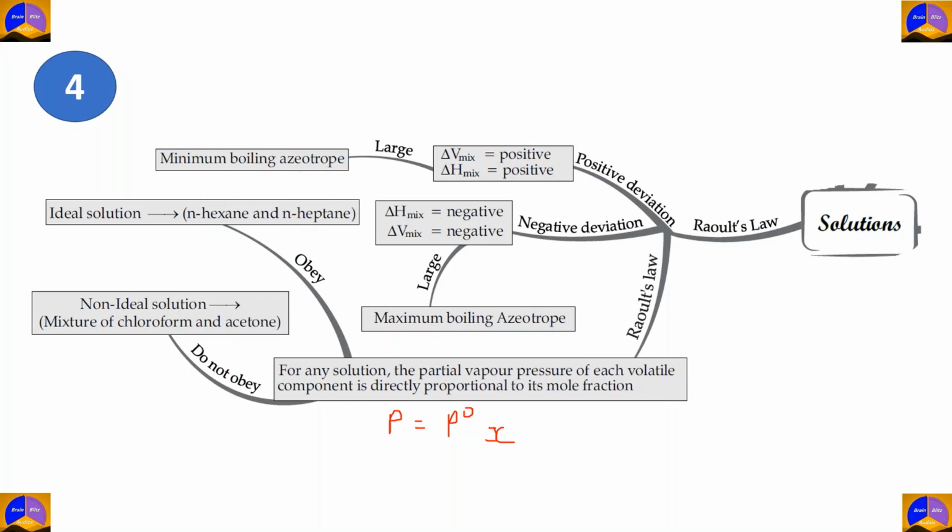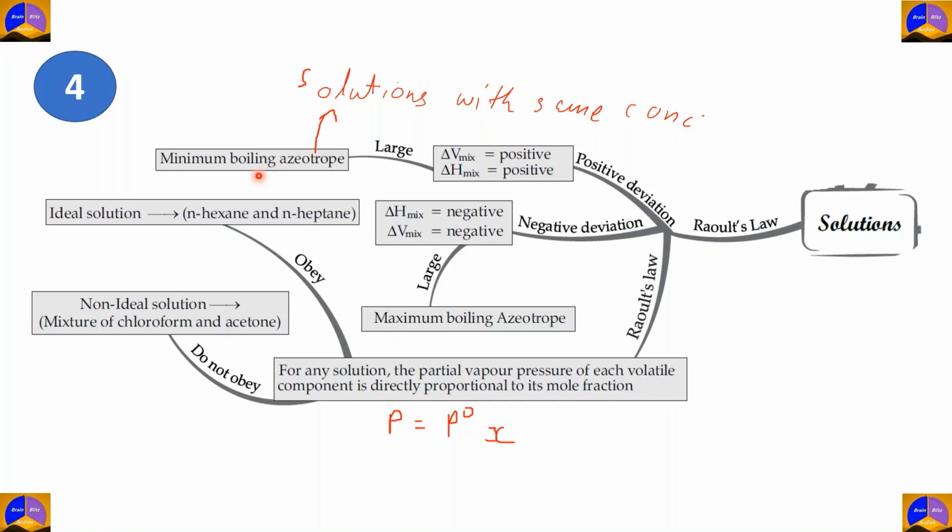Azeotropes here are solutions which have the same concentration in their vapor phase and liquid phase. So you cannot do fractional distillation to an azeotrope.